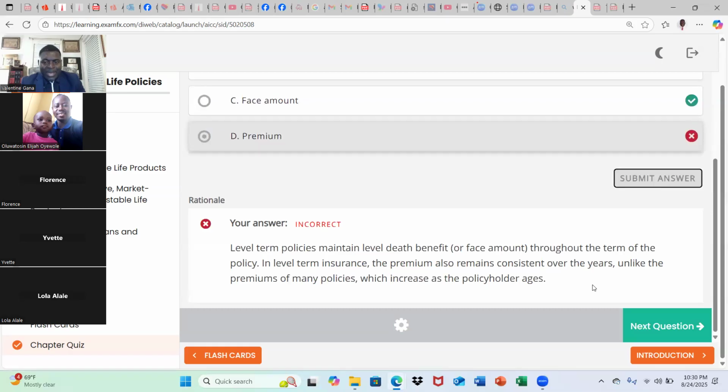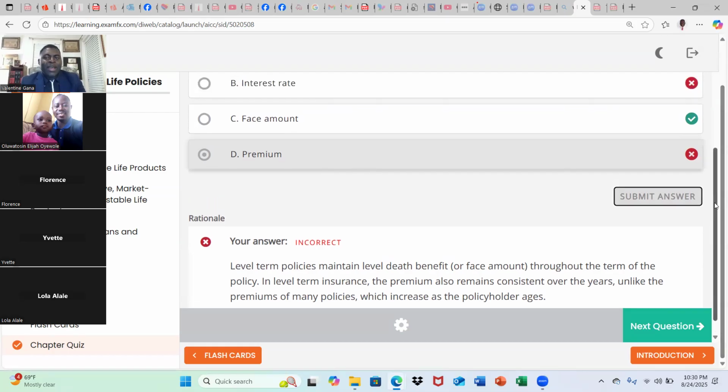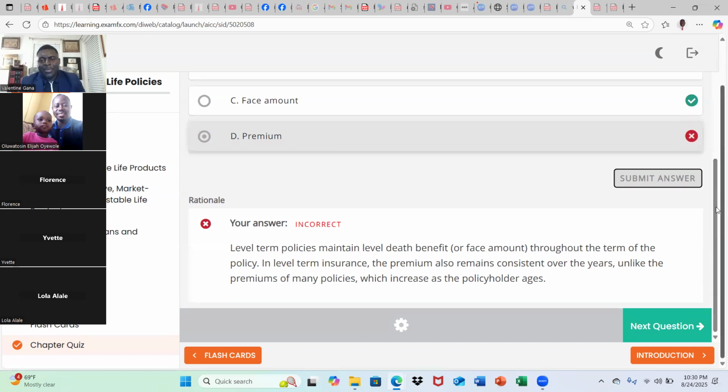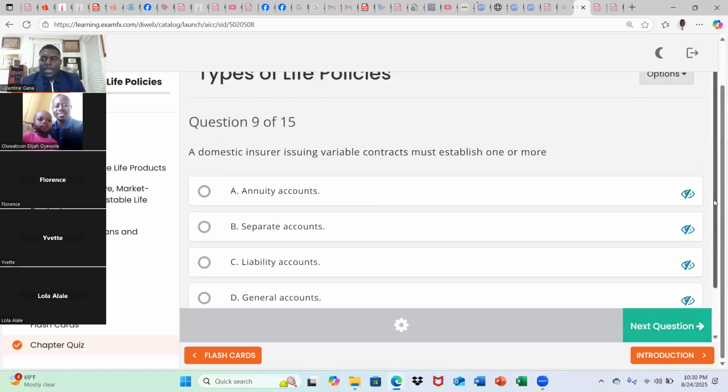So you can see level is also premium, they say the premium also stays consistent, which means it's level. It doesn't change. Level is face amount and level is premium. You just have to cram the fact that level is referring to the face amount. Yep. So let's go to the next one.